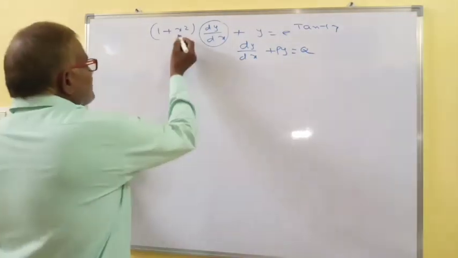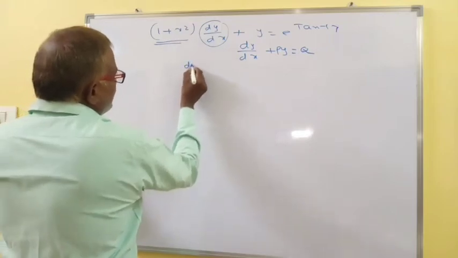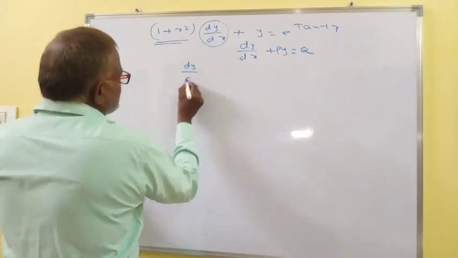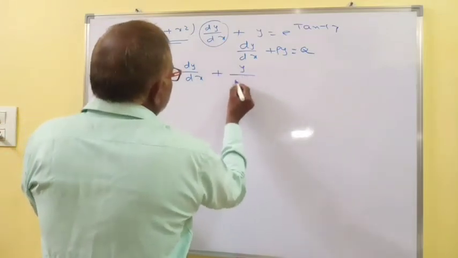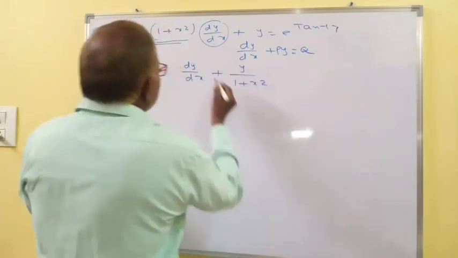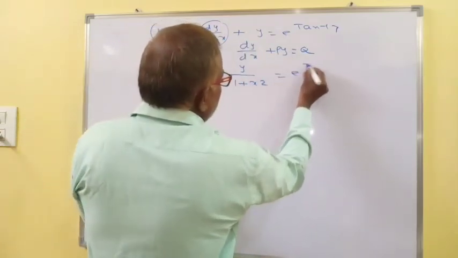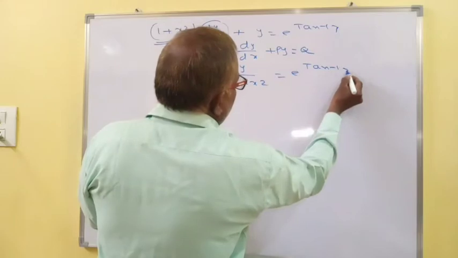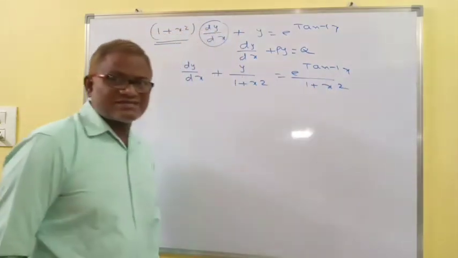So first of all, dividing throughout with 1 plus x square, we will get dy by dx plus y divided by 1 plus x square is equal to e power tan inverse x by 1 plus x square.